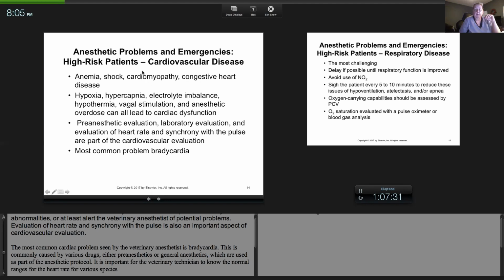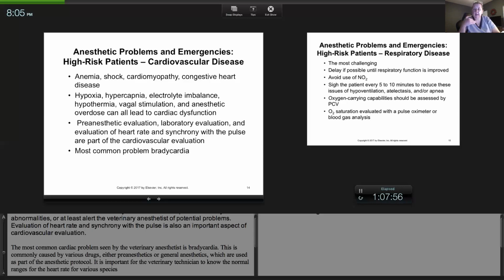Now, cardiomyopathy, remember, there's two forms of cardiomyopathy. Hypertrophic is where the heart gets too thick, and that tends to be cats. And then dilated cardiomyopathy is where the heart is really big and kind of flabby and flat. It doesn't have a nice strong muscle. So there's hypertrophic, which makes your chamber size too small. And then there's dilated, where your heart doesn't beat as strong.